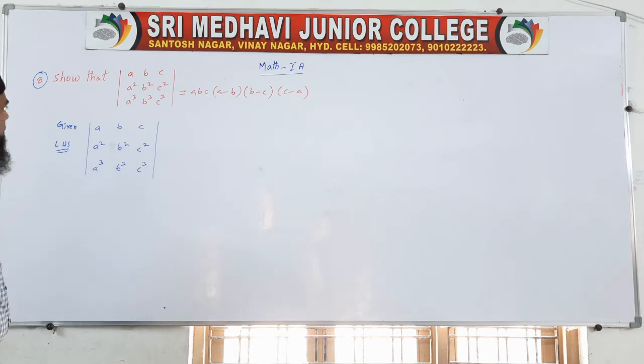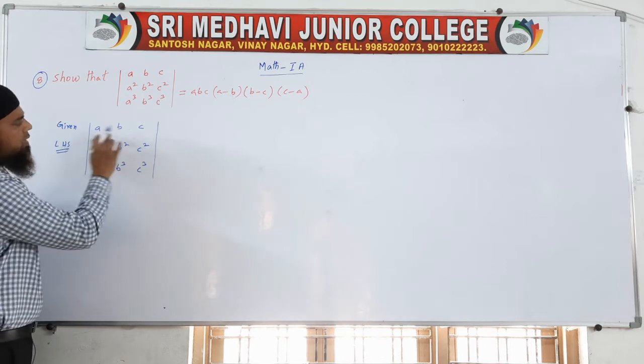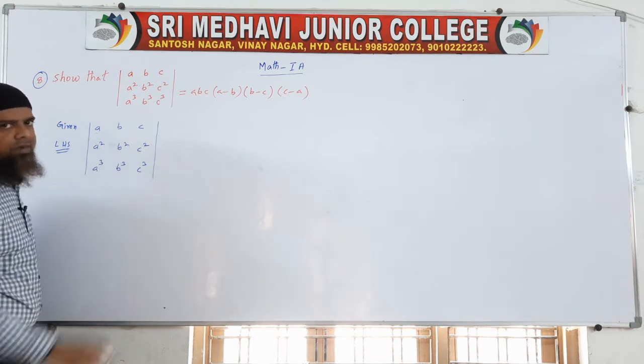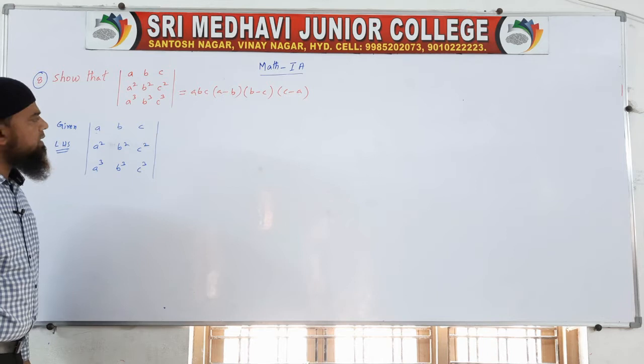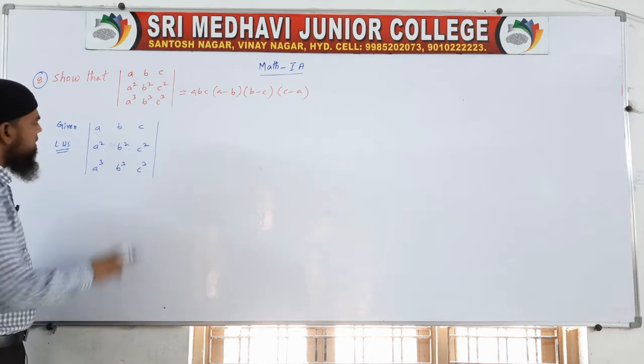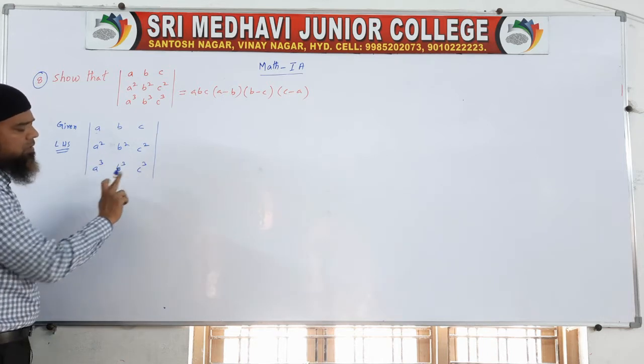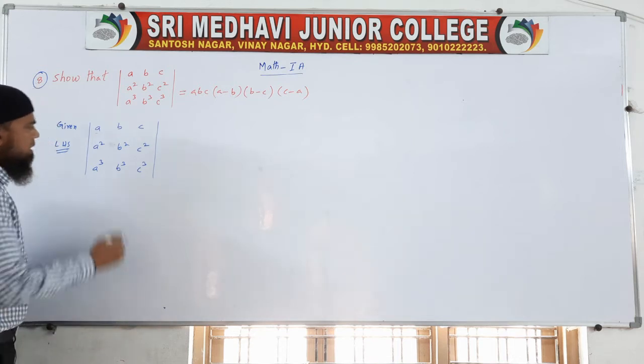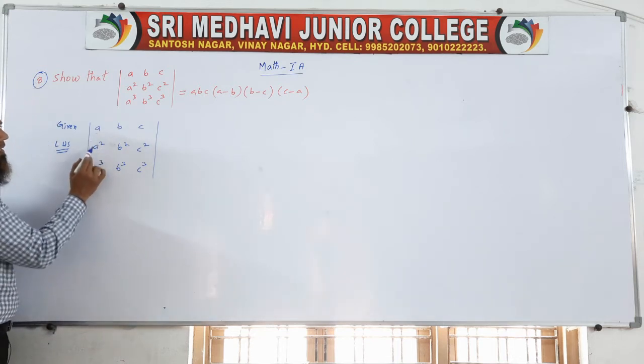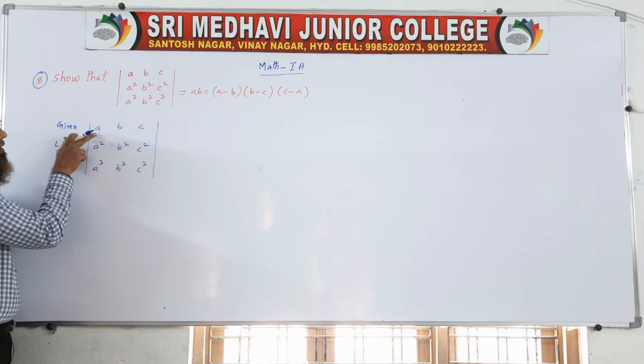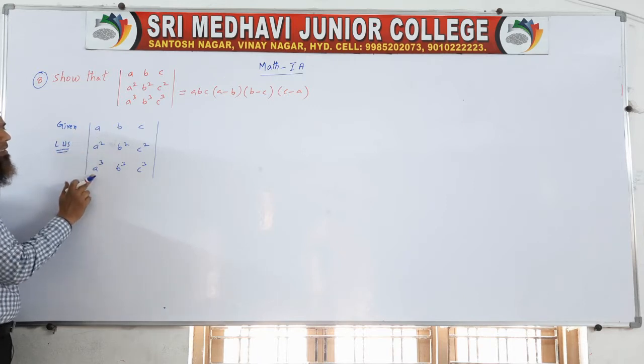If I see the row a, b, c, the 3 are different elements, so we cannot take any number common. In the second row also the same, in the third row also the same. Now see column wise: a, a square, a cube means here 1 a is present, here 2 a's, here 3 a's.